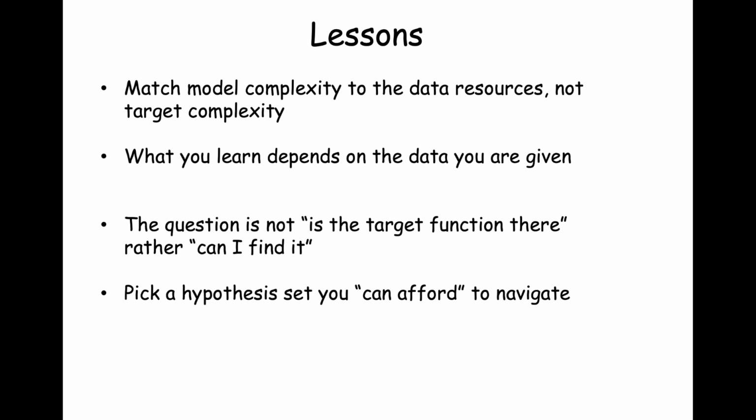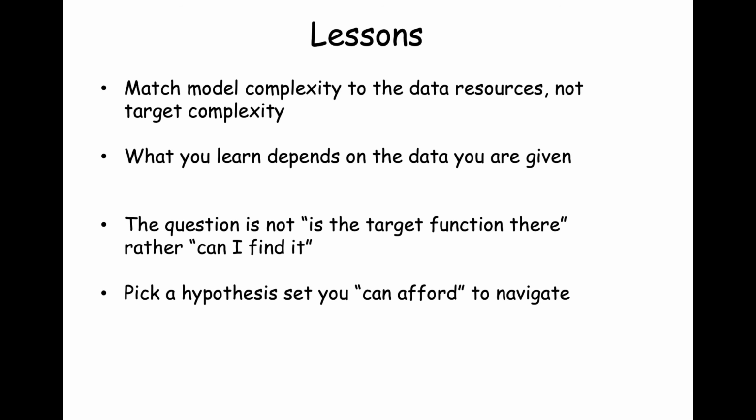And so the lesson from this is that when you're trying to find the right model complexity for the hypothesis set component of your model, you want to match your model complexity to the data resources, not to what you believe the target function complexity is. What you learn depends directly on the data that you're given.